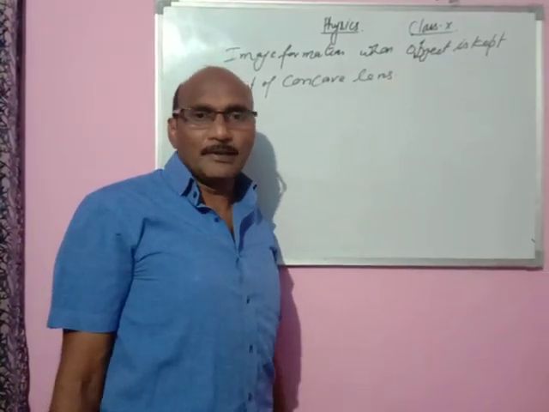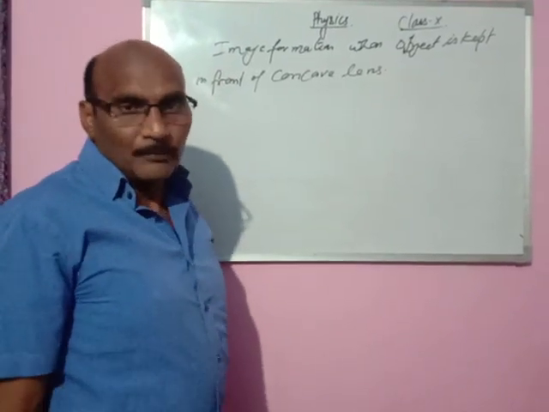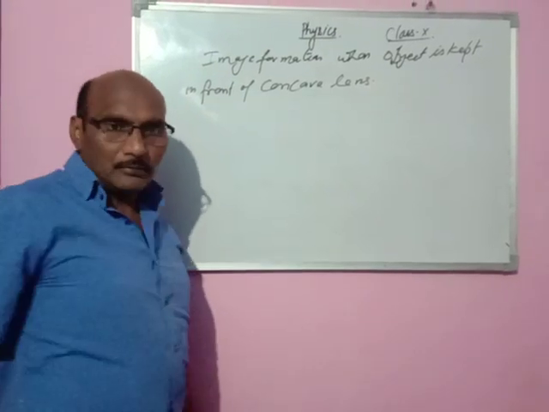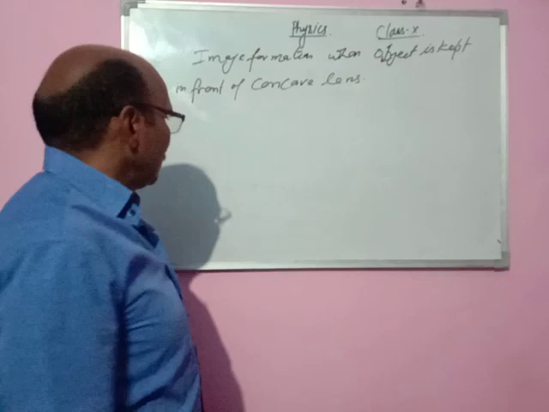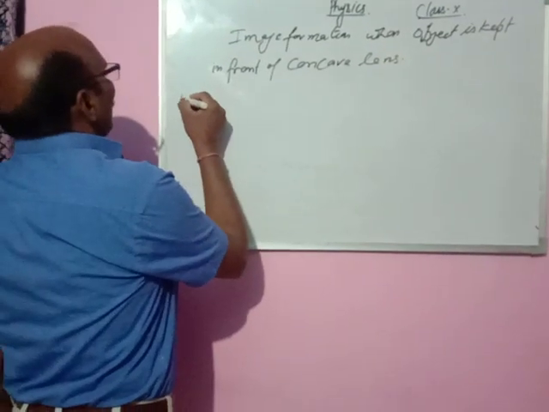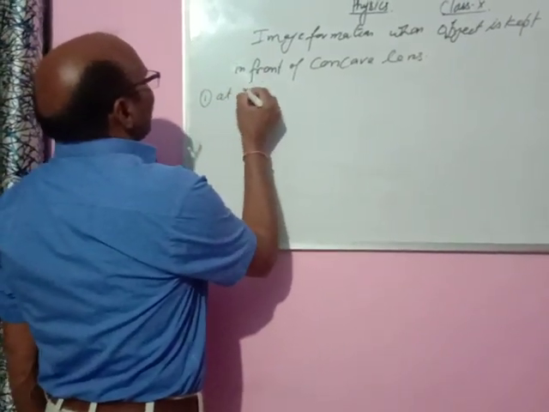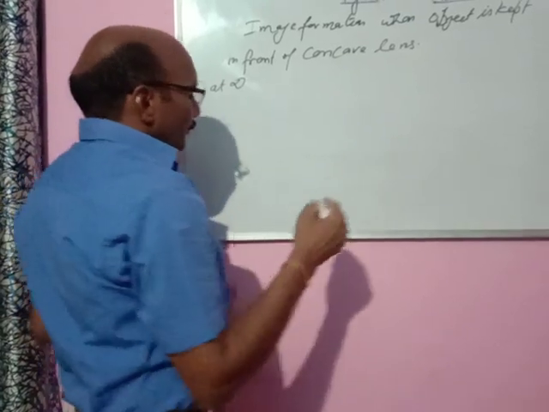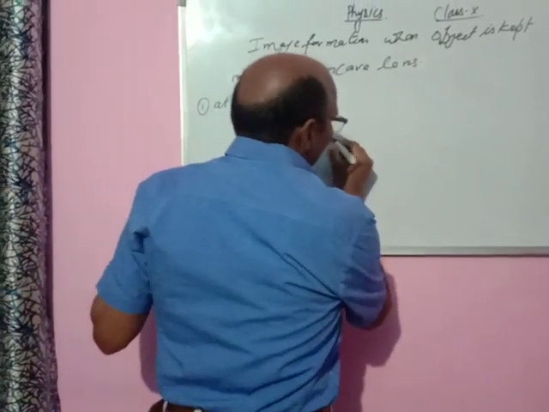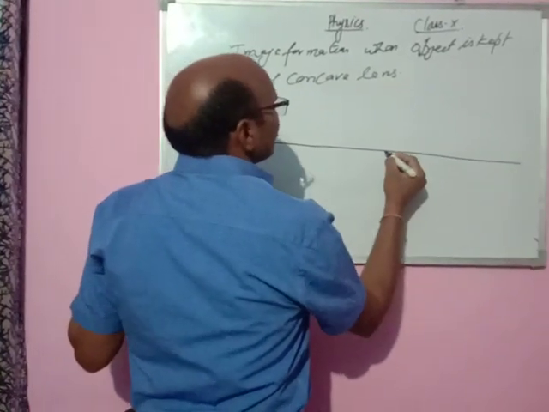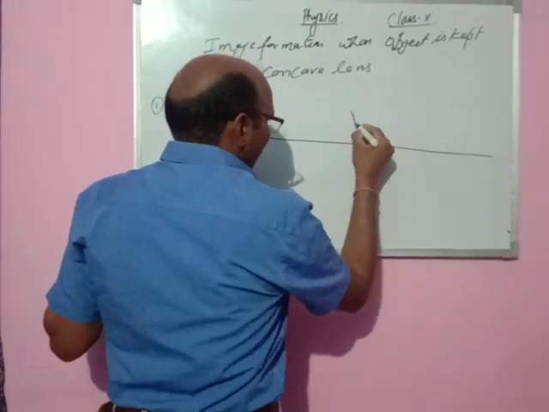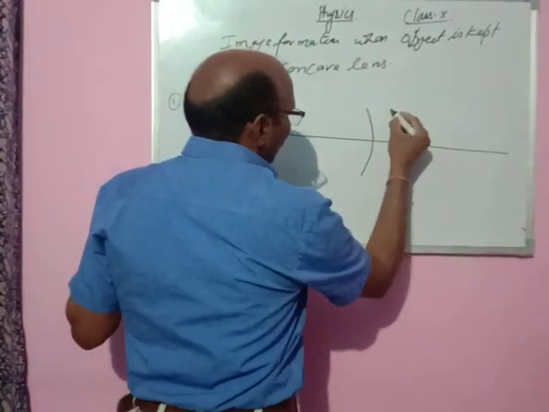So let's see how the light rays behave when we pass through concave lens. So condition number 1, when object is at infinite, so this is now principal axis. Now this is the diagram of concave lens.